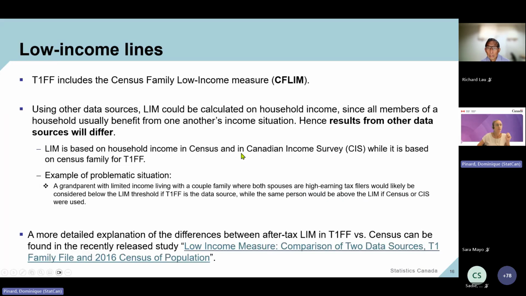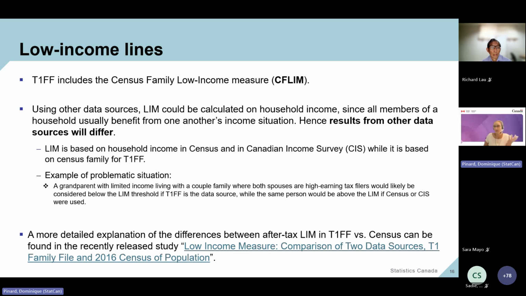So TIFF offers the census family low income measure. You remember earlier I talked about LIM? Well, it's kind of the same method, but usually LIM will be established using households and not census family. You remember that discussion about census family earlier? This is where it becomes important.